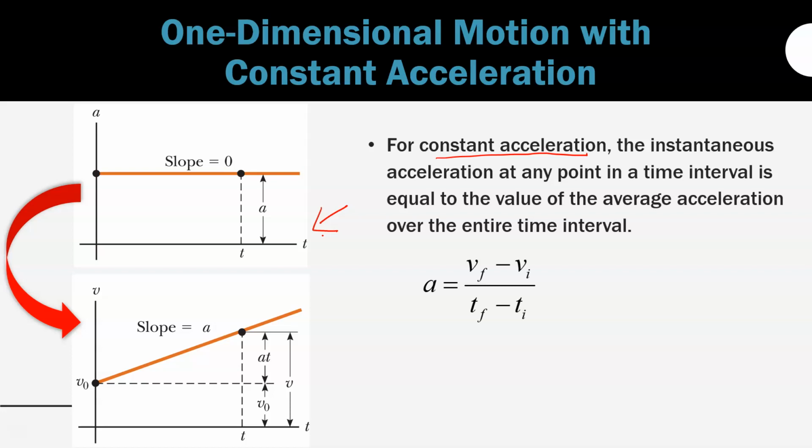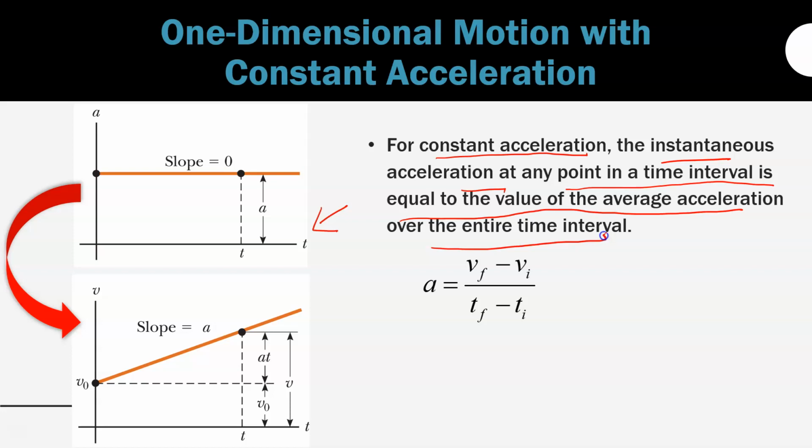When an object moves with constant acceleration, the instantaneous acceleration at any point in a time interval is equal to the value of the average acceleration over the entire time interval.